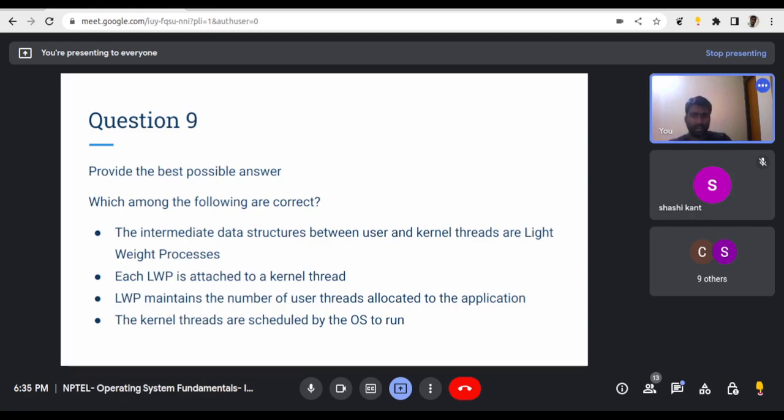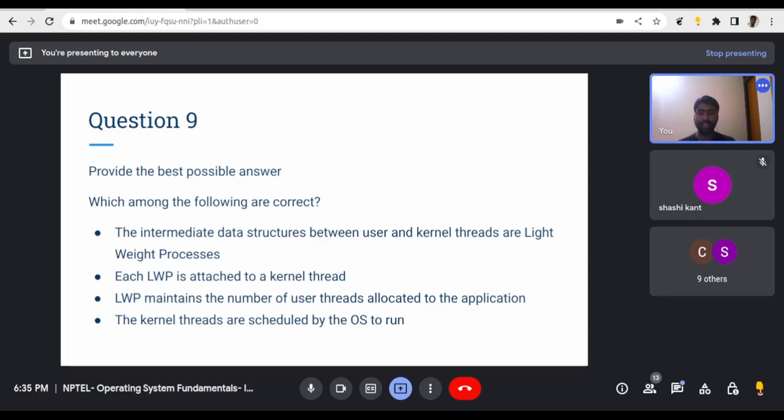As you may know, you can create any number of user threads, but there generally is an upper limit to the number of kernel threads that you can create. So who keeps track of how many kernel threads are created by a particular user process? That is also done by the lightweight processes, since they are in direct connection between the user threads and the kernel threads.